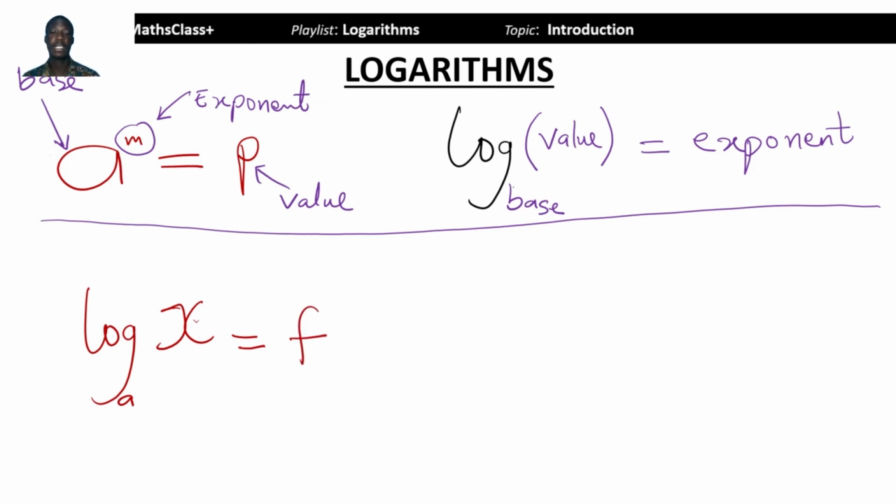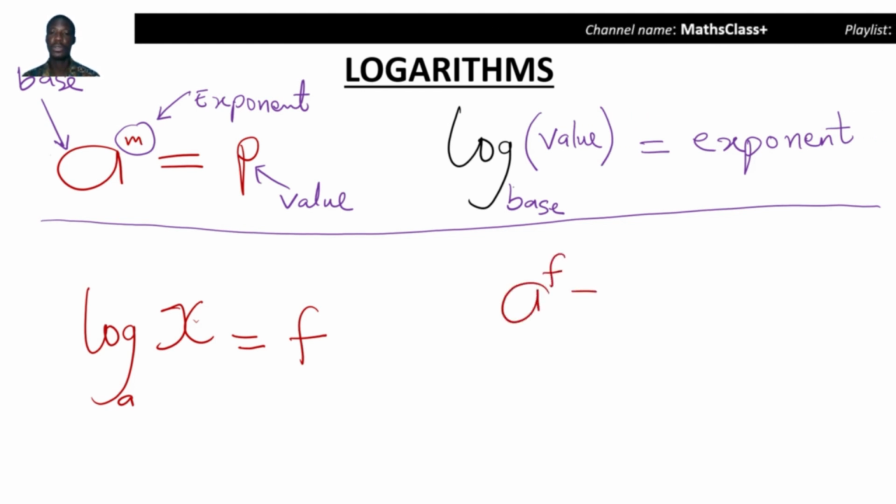If you are converting this to indices, remember a is our base, f is our exponent, and x is the value. So here we will get a to the power f is equal to x. I hope it's very clear to you.